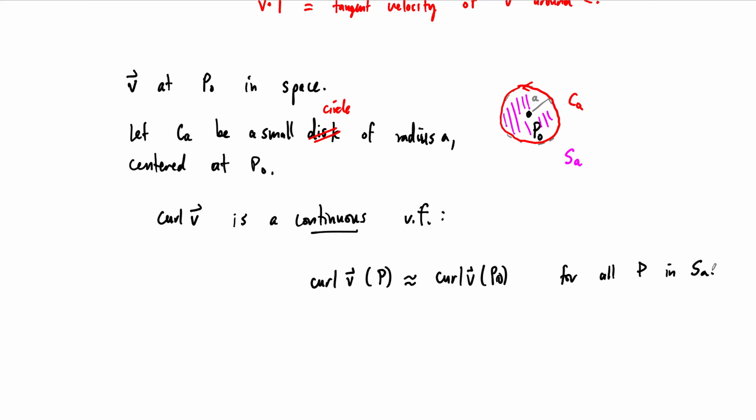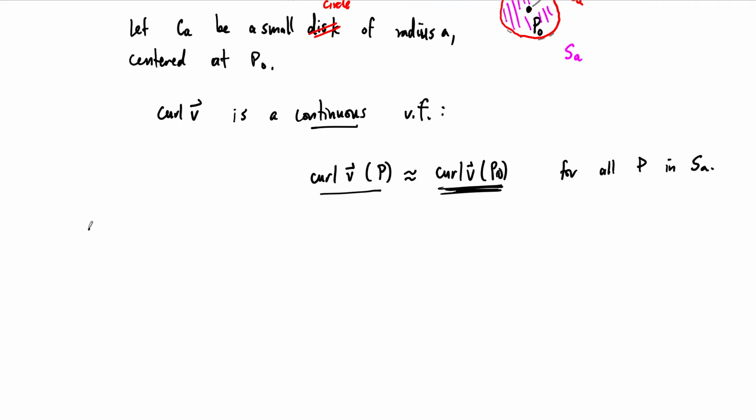So at this point, we can apply Stokes Theorem to this tiny, tiny disk that's centered at P naught, and we are going to see what happens. But we're going to keep in mind that we can replace the values of the curl by a constant vector field, and that constant vector field is just going to be the value of the curl of v at the center point.